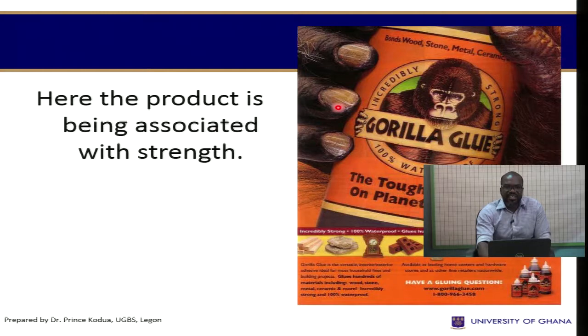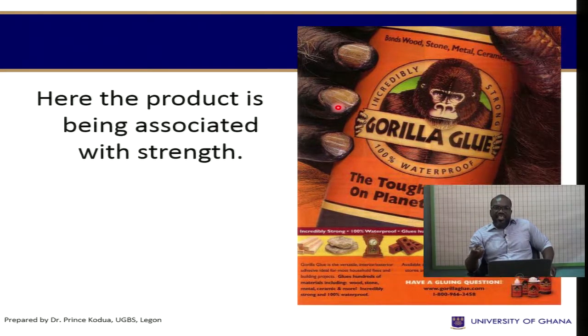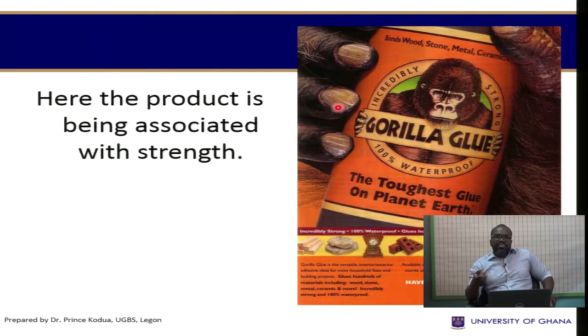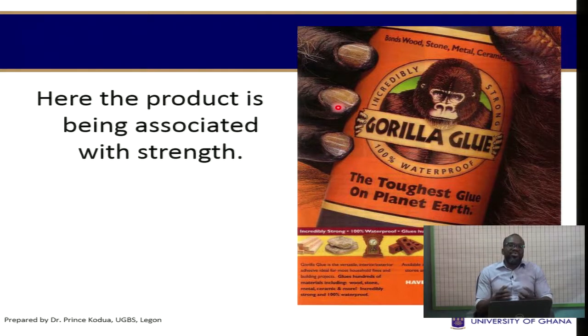Let's see, there's my good friend Gorilla here. You see a product being associated with strength. Think of it. What do you think the marketers are trying to achieve? Ordinarily, a gorilla is a very strong animal among various animals.